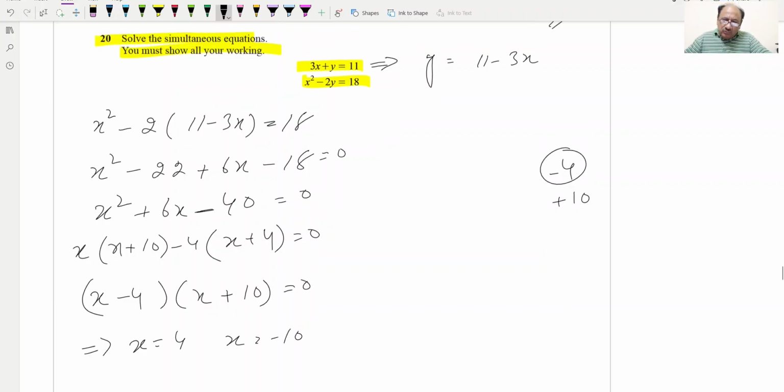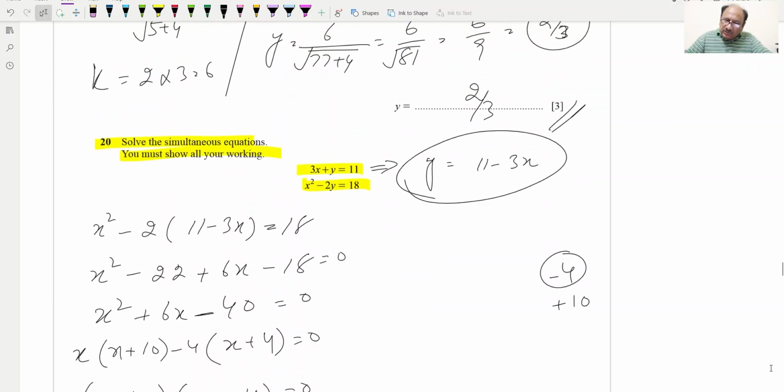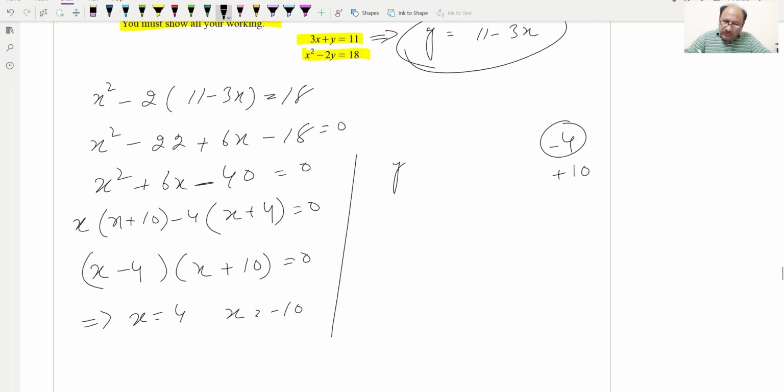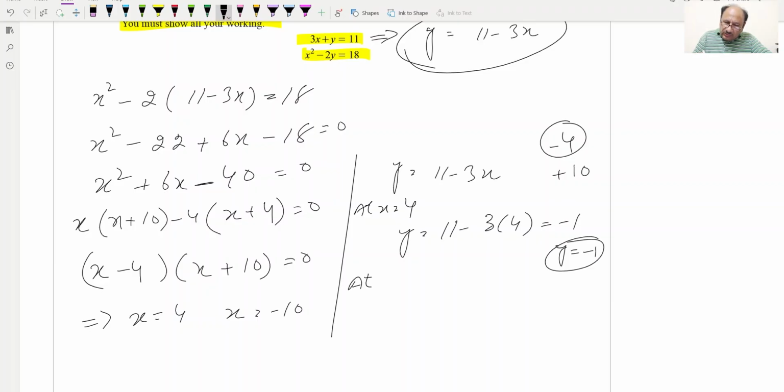So these two values we can replace in this equation, y is equal to 11 minus 3x. So at x is equal to 4, y will be equal to 11 minus 3 into 4, which is equal to 11 minus 12, which is minus 1. So y is equal to minus 1 will be one value, and the second value at x is equal to minus 10, y will be equal to 11 minus 3 into minus 10.